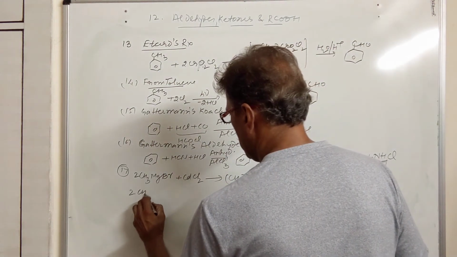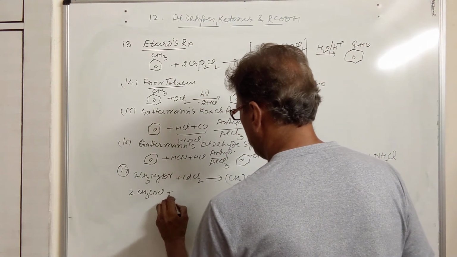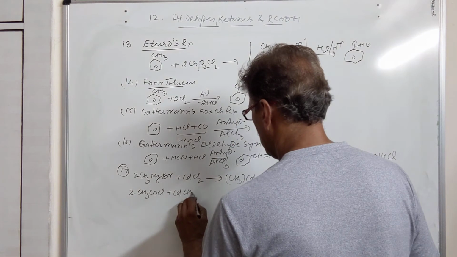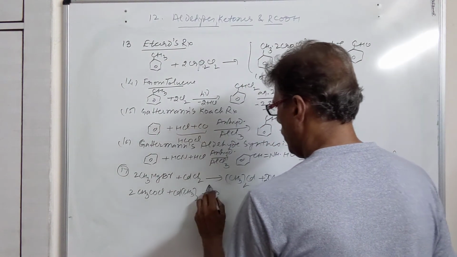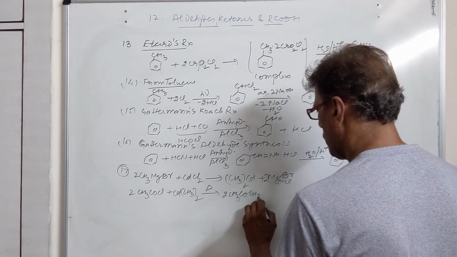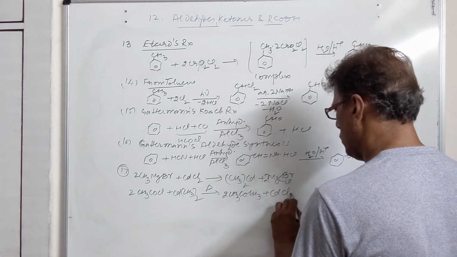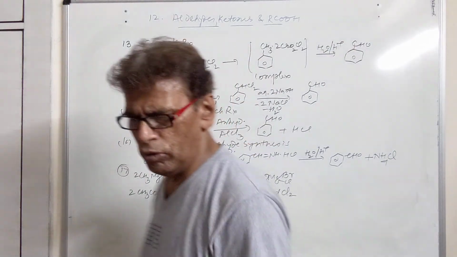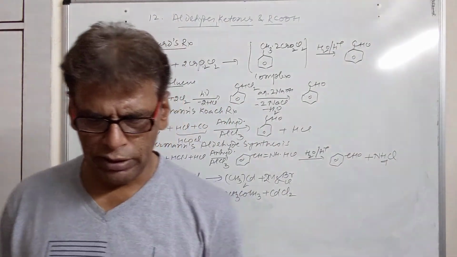Dimethyl cadmium treated with acetyl chloride, you will get two molecules of acetone plus CdCl2. So acetone will be produced by this method.